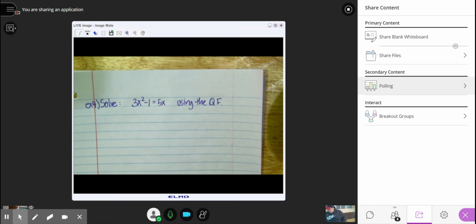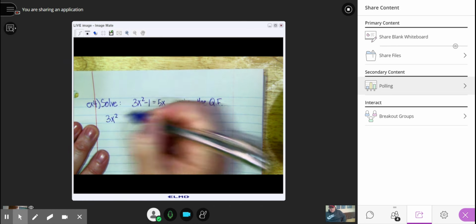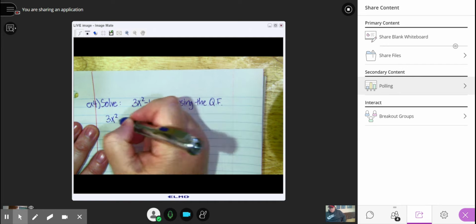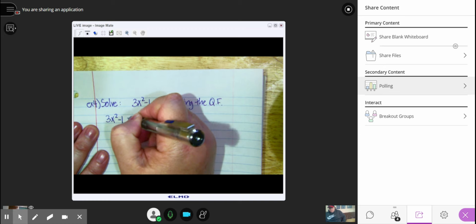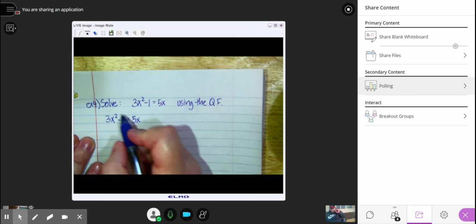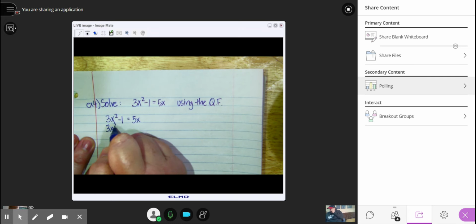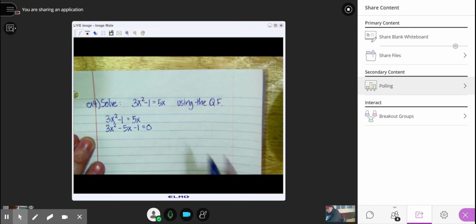Is it in standard form? Well, standard form is ax squared plus bx plus c equals 0. This one is not set equal to 0. In order to do that, I need to move the 5x over. So 3x squared minus 5x minus 1 is equal to 0.